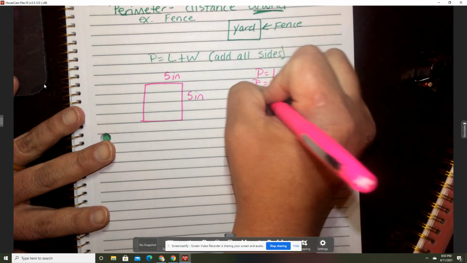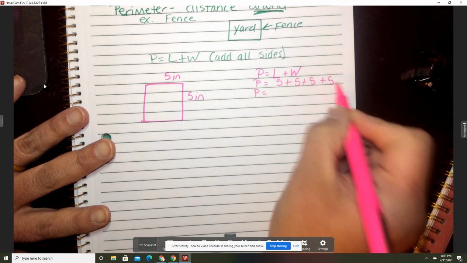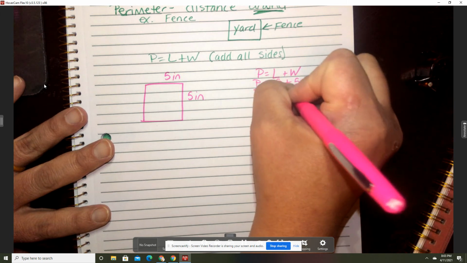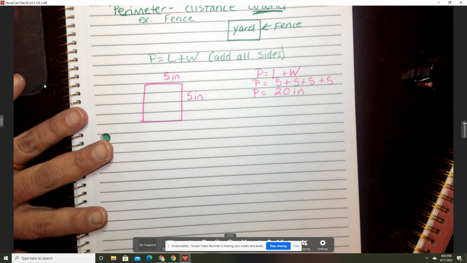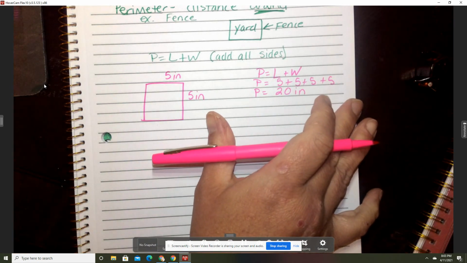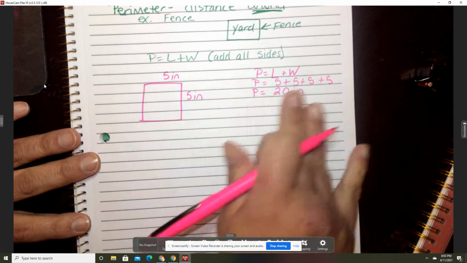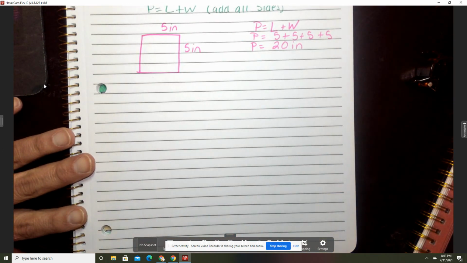And then on the third line for perimeter, you're going to have the answer. 5, 10, 15, 20. So the perimeter is 20 inches. That's what your problems are going to look like. You always want to make sure that you have 3 lines for the formula. Let's do a couple more.